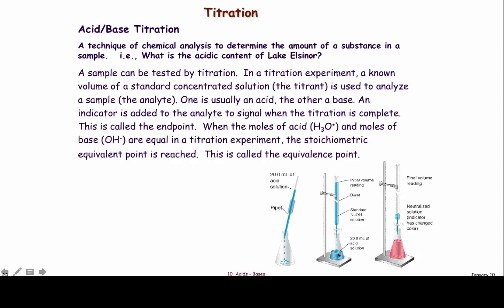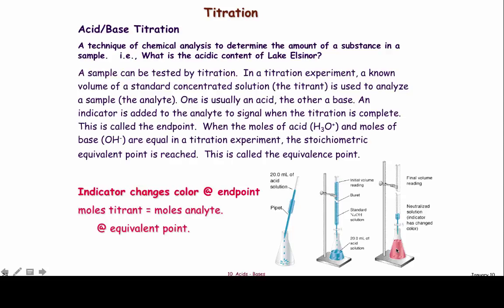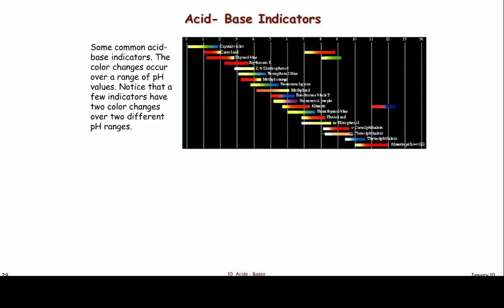What you generally do is you put an acid-base indicator in the solution, and once that chemical turns from acid to base, the color changes. Here are examples of acid-base indicators. There are many types.